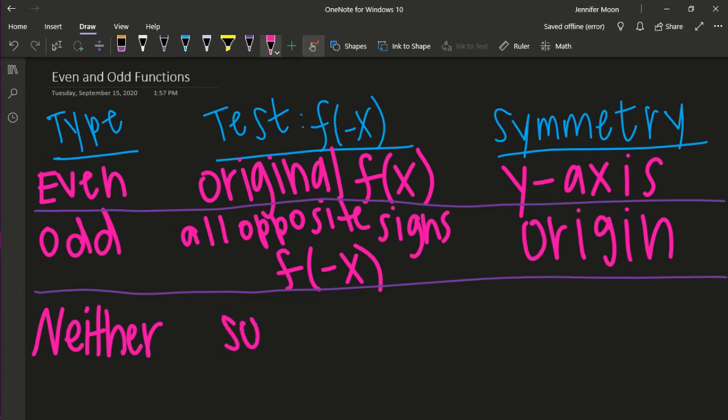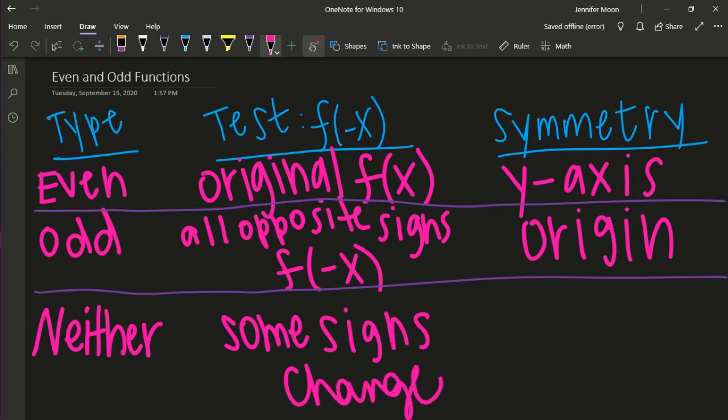So some signs change. And so this one has no symmetry. None. Okay, so now let's actually do an example.